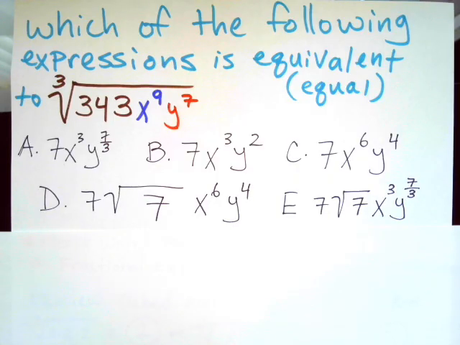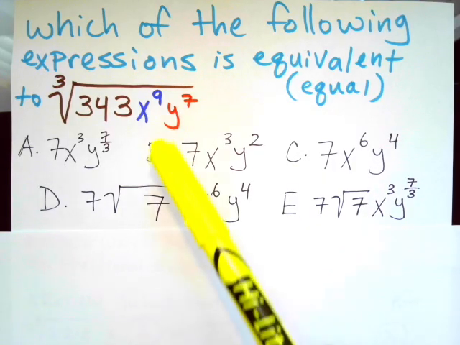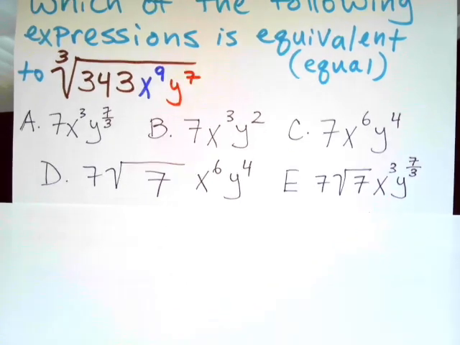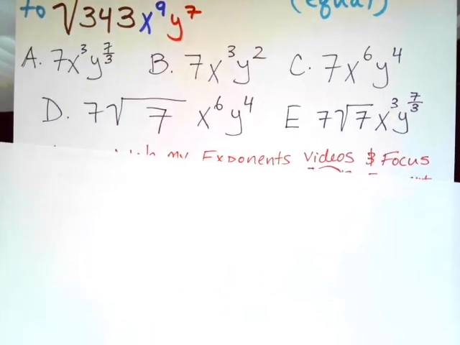So we're going to go through and step by step simplify this expression to see which possible answer is the best option. So let's go ahead and do that now.